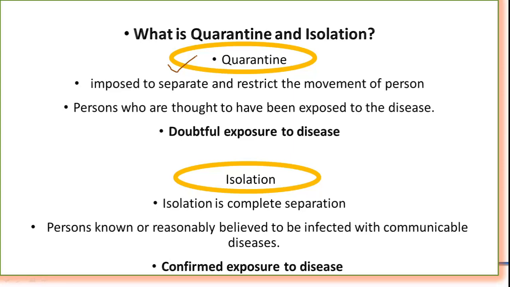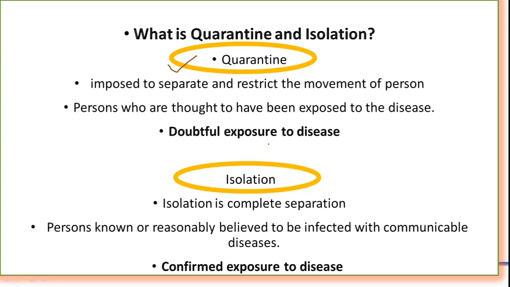Remember, quarantine is to separate and restrict the movement of the person who is thought to have been exposed to the disease. That is, in a single sentence, it is doubtful exposure to the disease. So if you doubt this particular person has been exposed to a COVID patient, you send him to quarantine. Okay, so that is why states are having institutional quarantine, home quarantine.